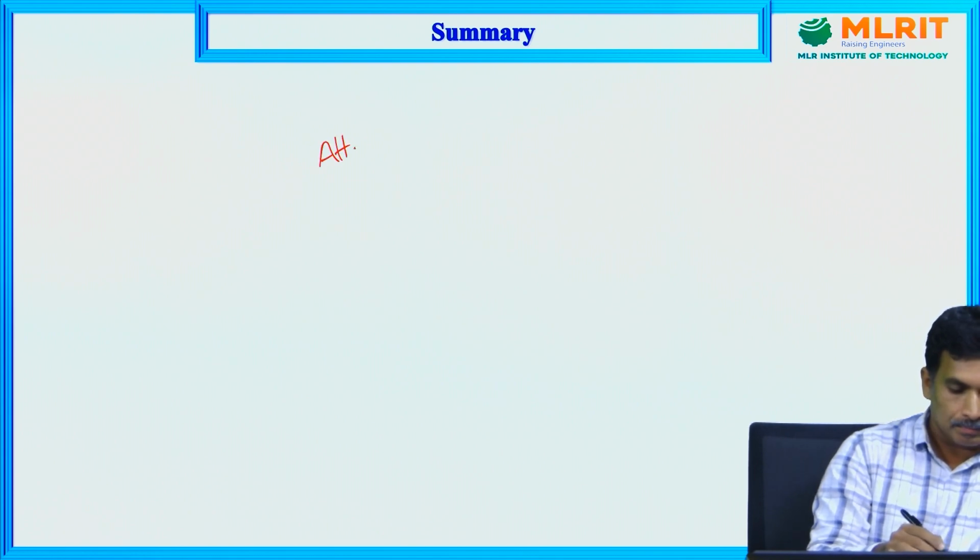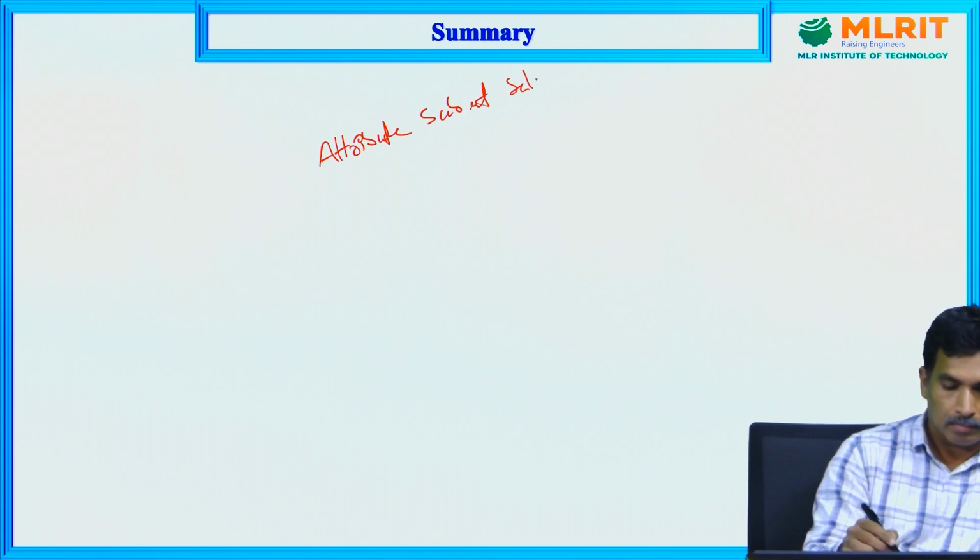Let us quickly summarize what we discussed in this lecture. We discussed what we mean by attribute subset selection.